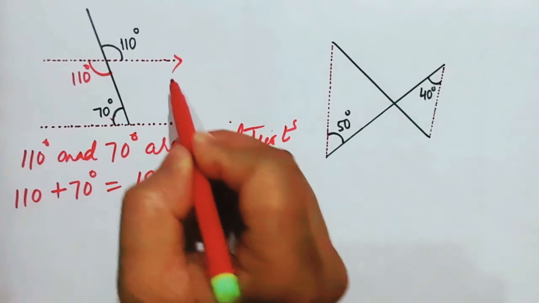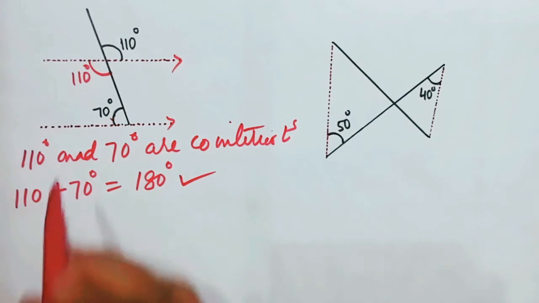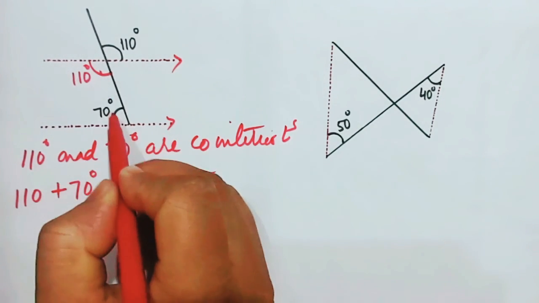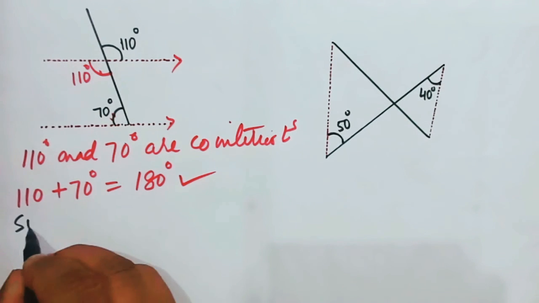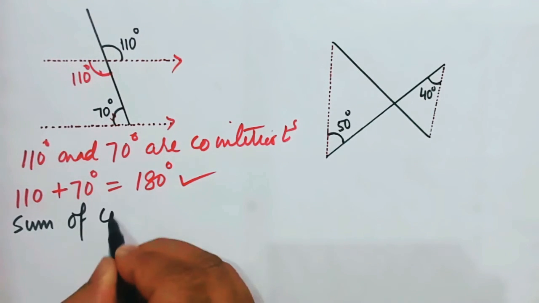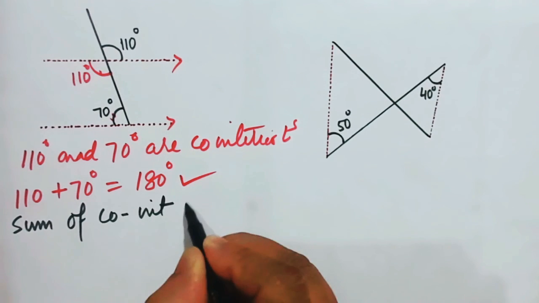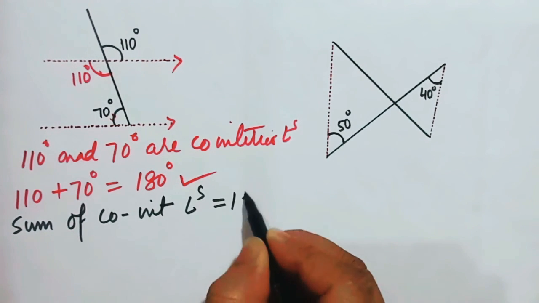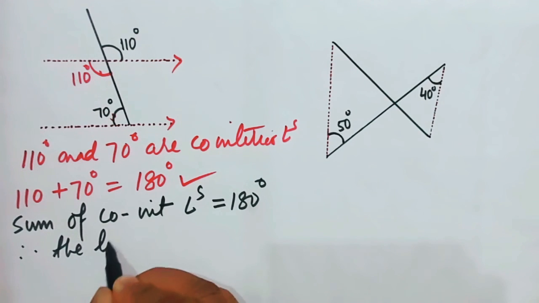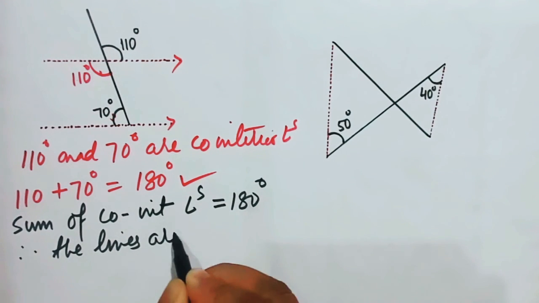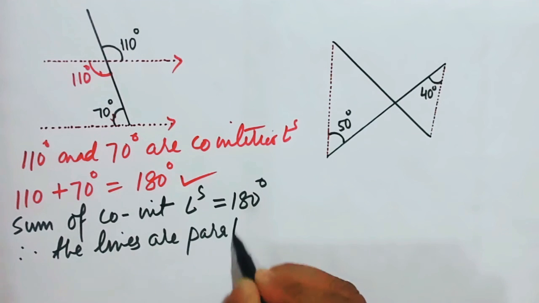Why are these two lines parallel? Because the sum of co-interior angles is equal to 180 degree. Therefore, the lines are parallel.